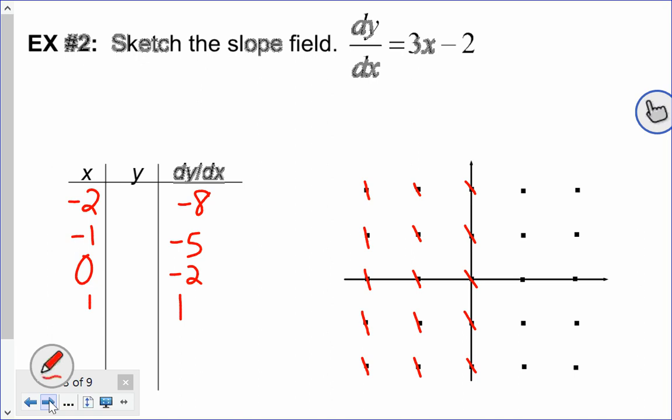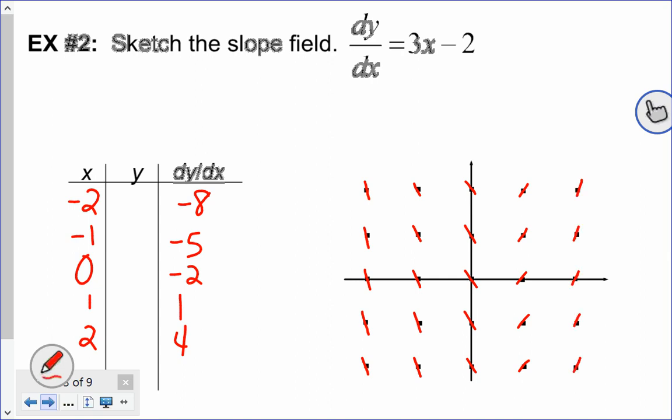So now we go the other direction, and 1 is exactly right through the diagonal. Since these have little squares, that's pretty easy. So there's your slope of 1, and then you plug in 2, you're going to get 6 minus 2, which is 4. So now you're going to have a steeper one going right through there.